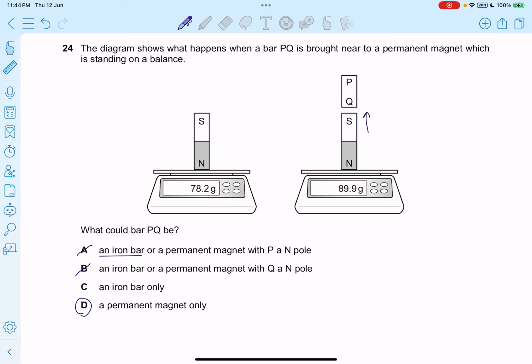So A, B, and C are all wrong because they contain an iron bar. So PQ can only be a permanent magnet that is pushing down or repelling the permanent magnet, causing a force, so the scale reading increases. So for 24, the answer is D.